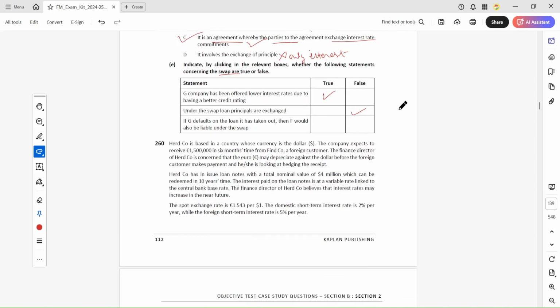No, only the interest is exchanged. If G defaults on the loan taken out, then F would also be liable under the swap. No, F is only liable for the amount he himself borrowed, not the amount of G as well. So this is false.